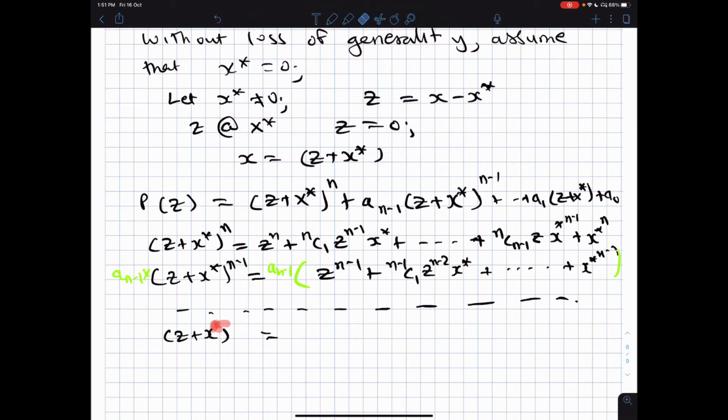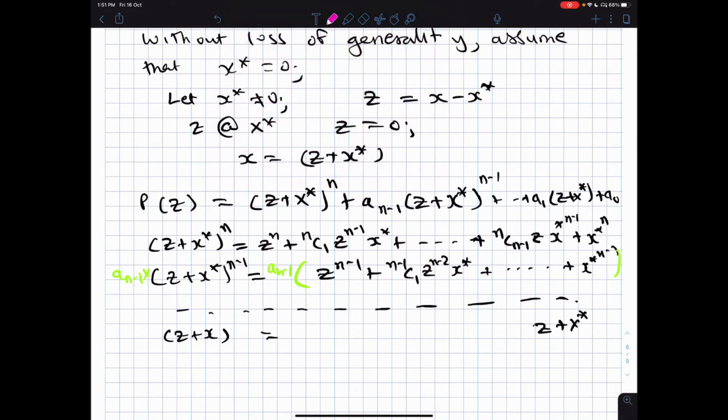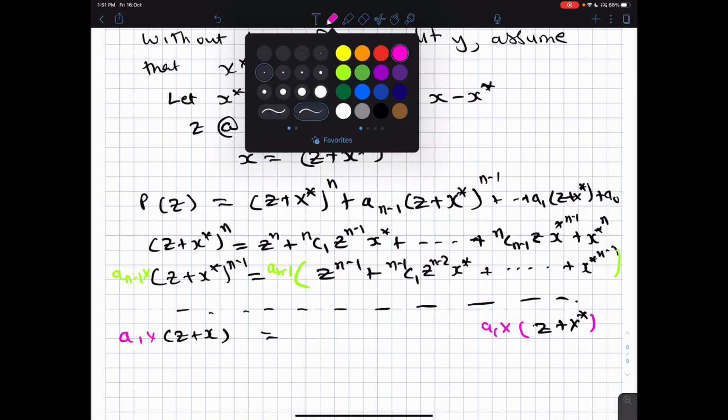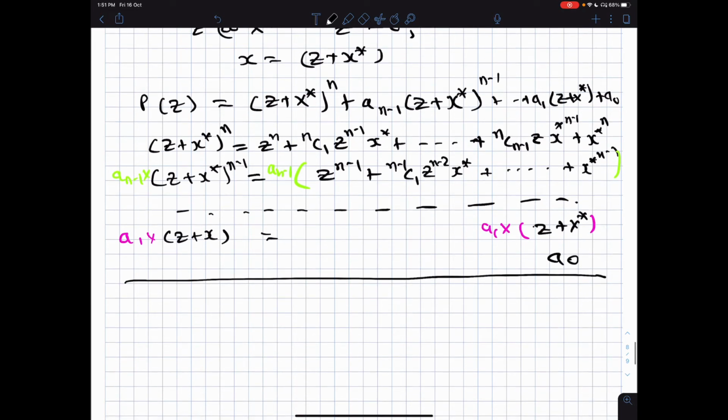Yeah, okay, this term I will just write near the end as (z plus x star) and multiply it by a1. So I multiply this by a1 and then write the last term, which is a naught, and now expand it, add it all together.